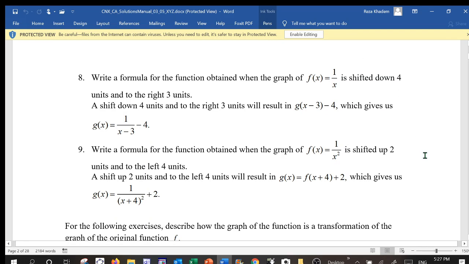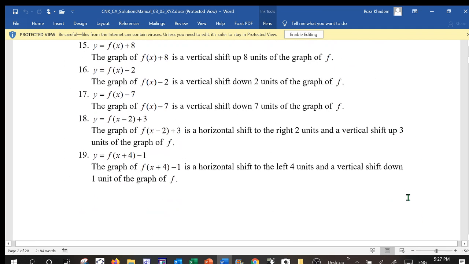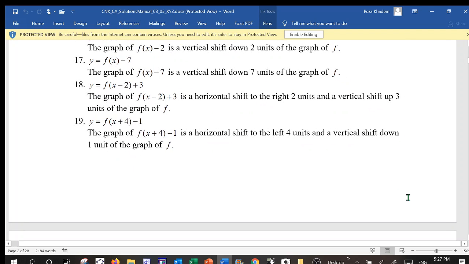Okay, so let's do number 18. It says explain what this transformation is in number 18. So what is that transformation? Well, we talked about that, right?